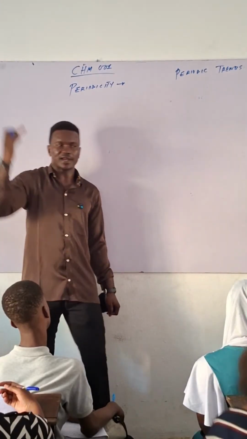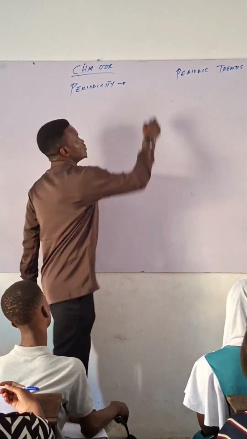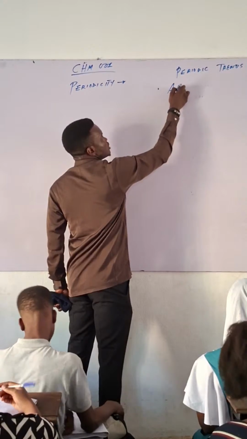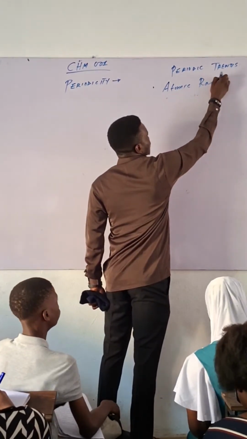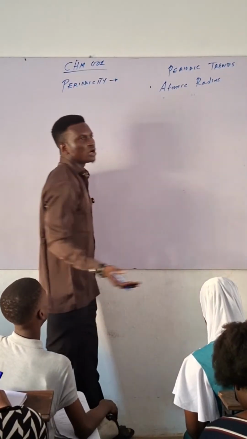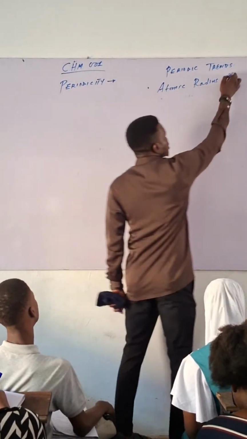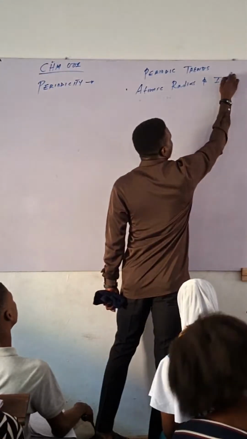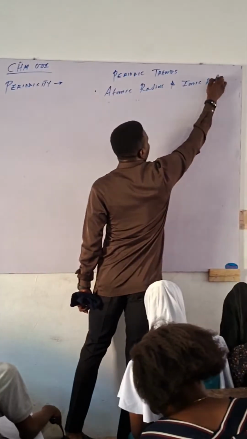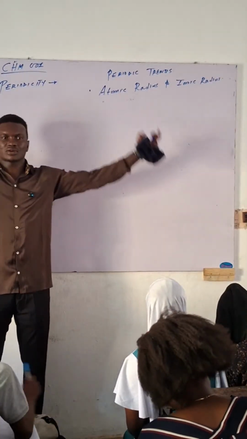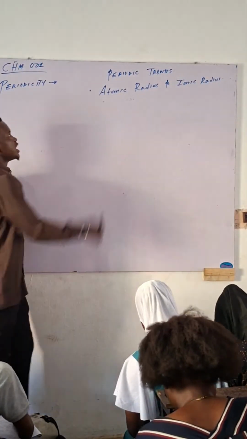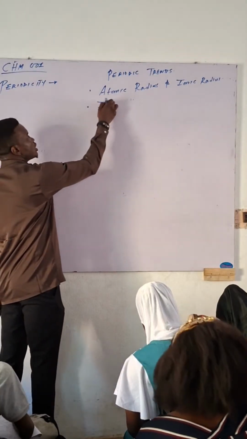All of those characteristics. The first one is called atomic radius. So you can have atomic radius and ionic radius. These talk about the size of the atom. Then you can have what we call ionization energy.